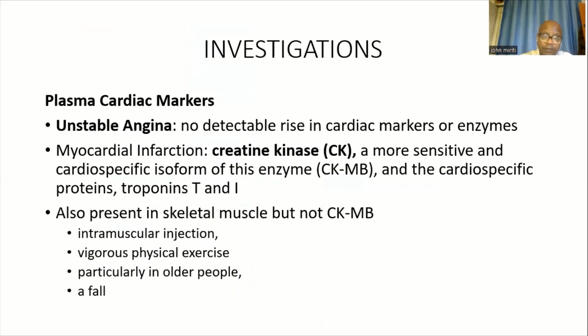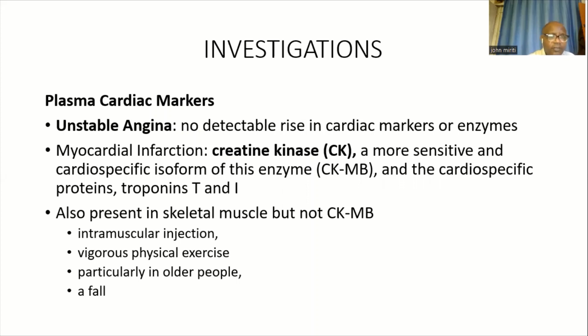So what other investigation do you do? Plasma cardiac markers like creatine kinase isoenzymes, specifically proteins like troponins T and I. You can also check for the presence of skeletal muscle markers; they are also present but CK-MB is the one present only in cardiac muscle.